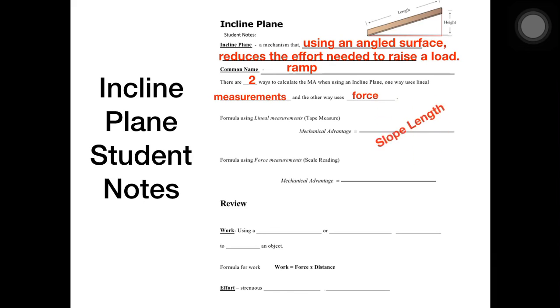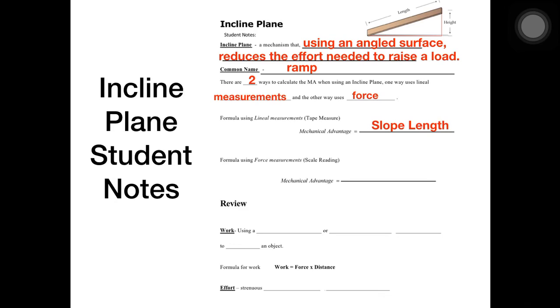Mechanical advantage equals slope length, and if you look at our picture up there, you can see what slope length is. It's the whole long part of the board, from the top of the ramp to the bottom that is sitting on the floor.